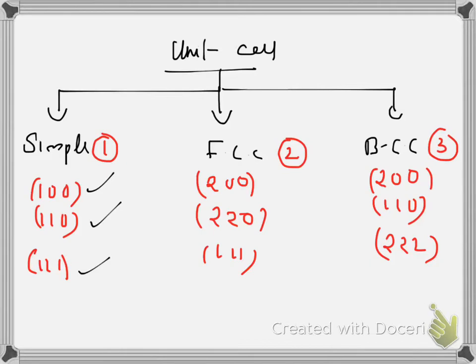For face-centered, it can be 200, 220, 111, and for BCC it is 200, 110 and 222. These are the 9 crystal planes which we have to discuss today.